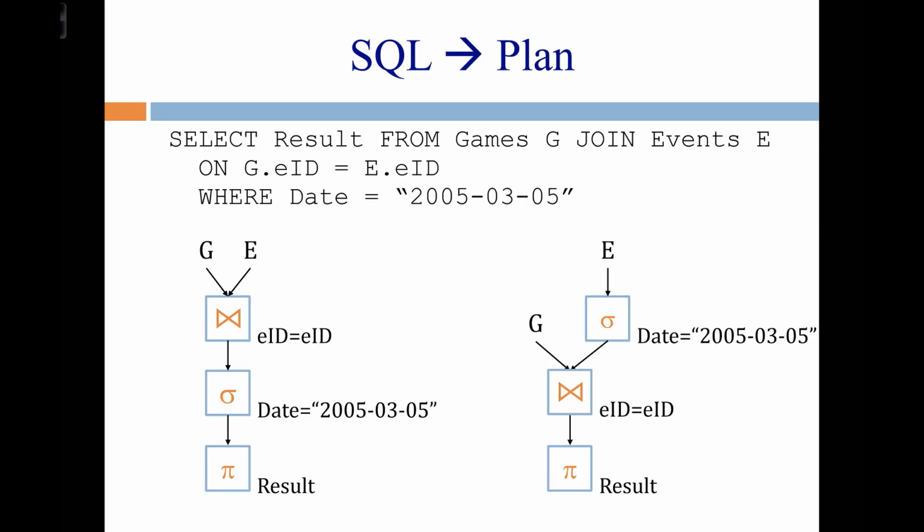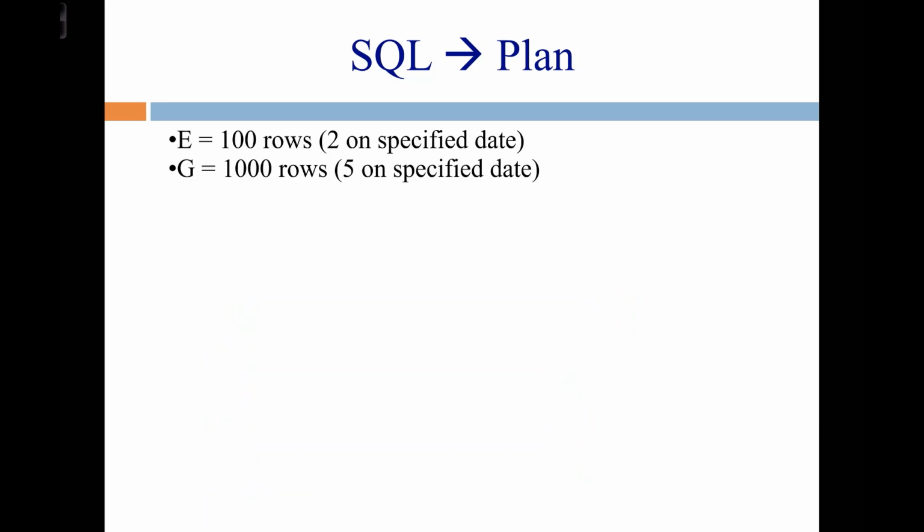In this example, hopefully it's obvious which of these two is going to be faster, but let's plug in some numbers and see what actually comes out. Let's say there are 100 rows in the events table, and 2 of those events are on the specified date that we're filtering by. There are 1,000 rows in the games table, and 5 of them take place at one of those 2 events, so they take place on the specified date.